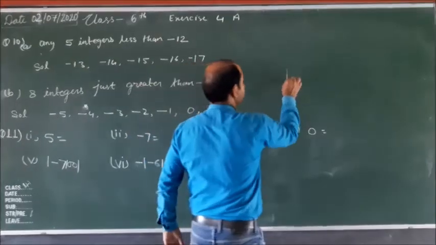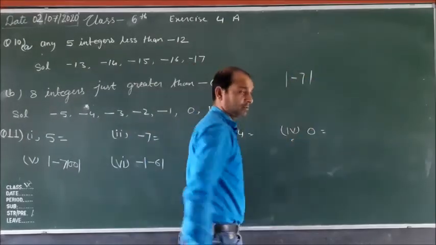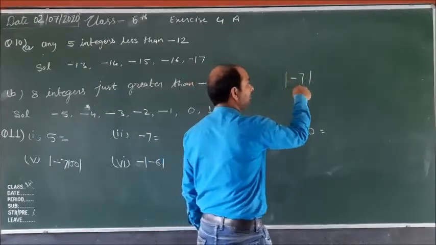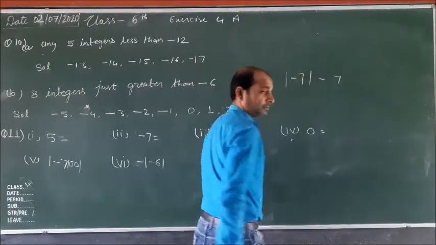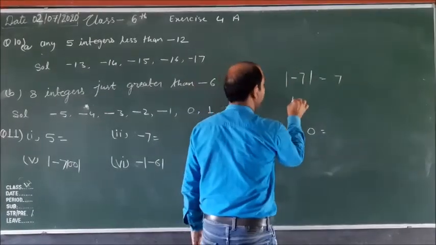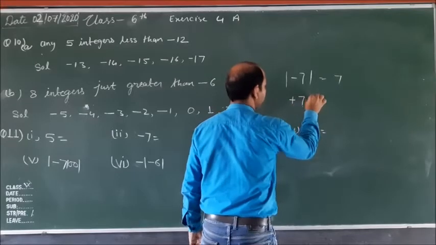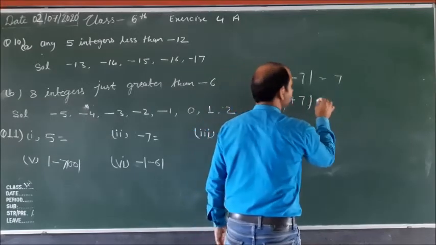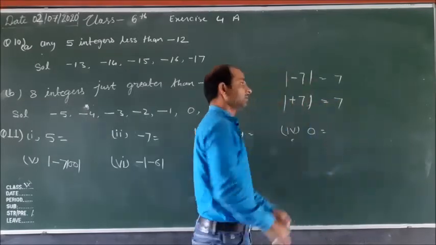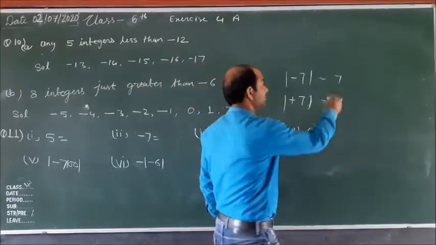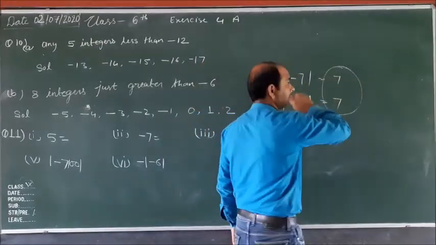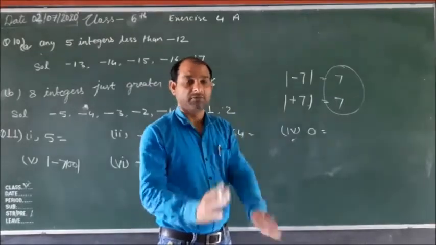If suppose this is minus 7, in the bar bracket, the value of minus 7 is always a positive integer. And if this is 7, the absolute value of 7 is 7, which means the absolute value is always a positive integer.